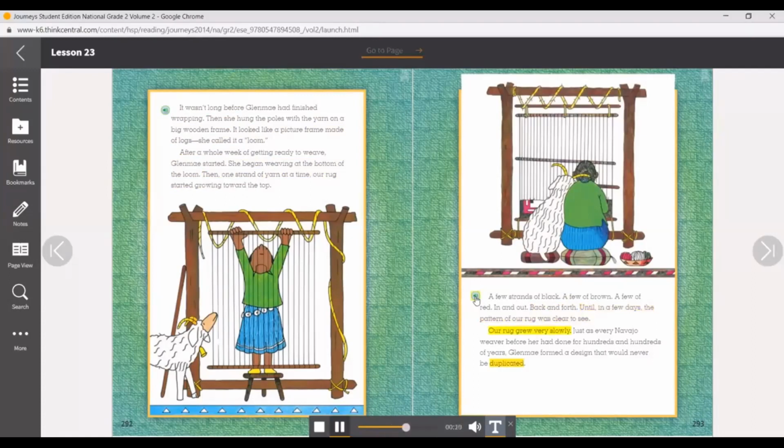Our rug grew very slowly, just as every Navajo weaver before her had done for hundreds and hundreds of years. Glen May formed a design that would never be duplicated.